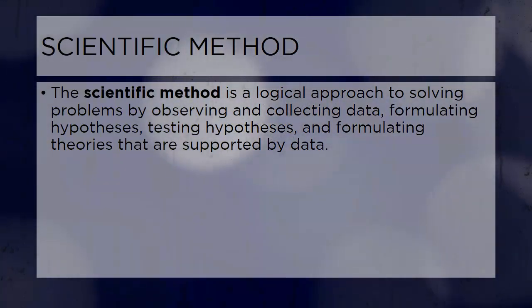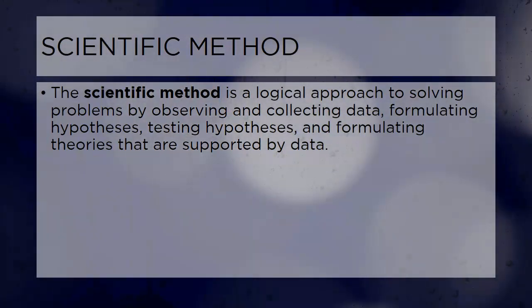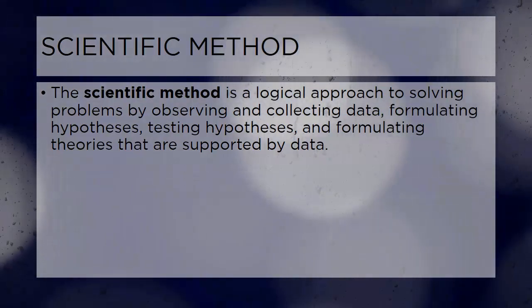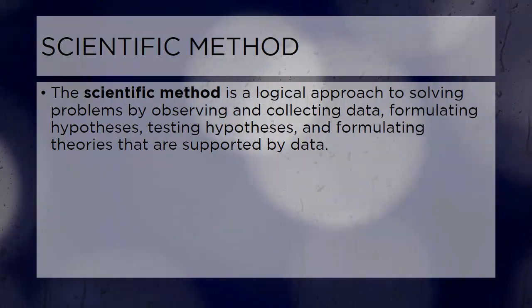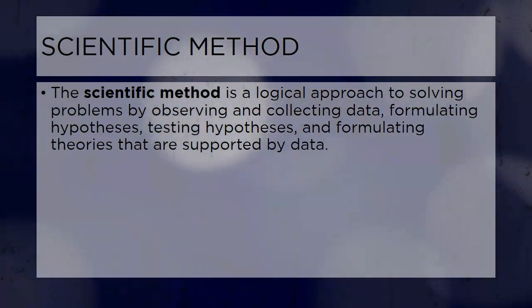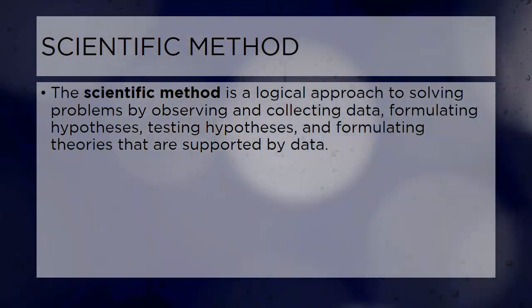It's really just the idea that we can take a logical approach to solve a problem. So you observe and collect data, you make hypotheses, you test your hypothesis, and then you make a theory that's supported by all the data you made or collected.